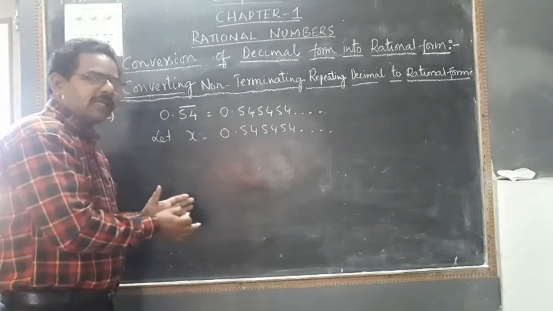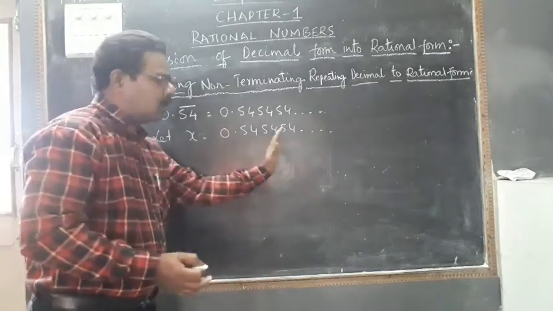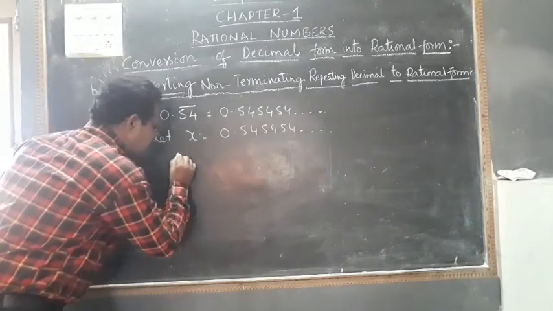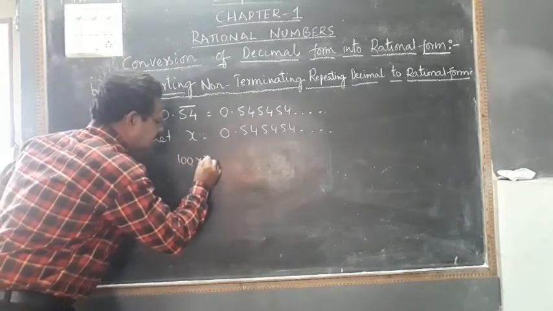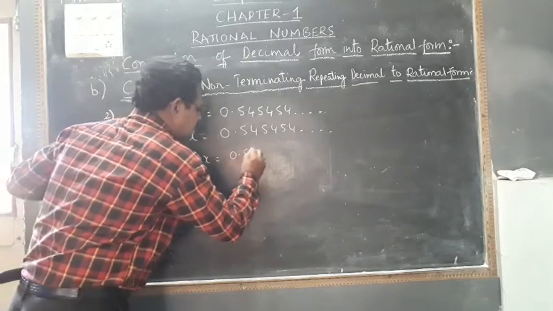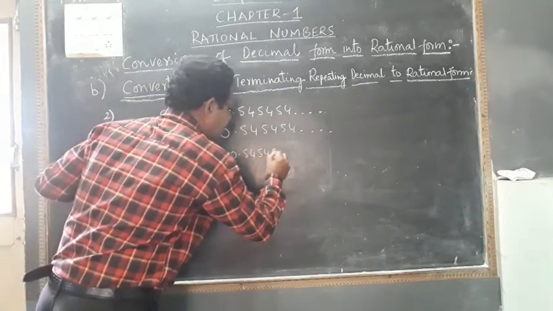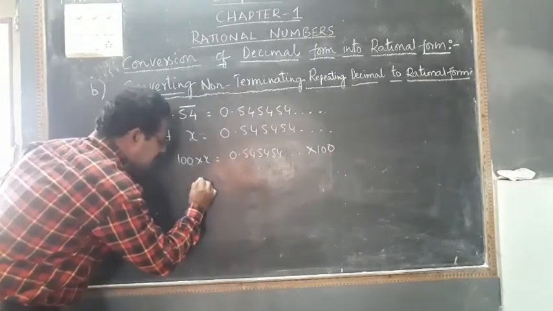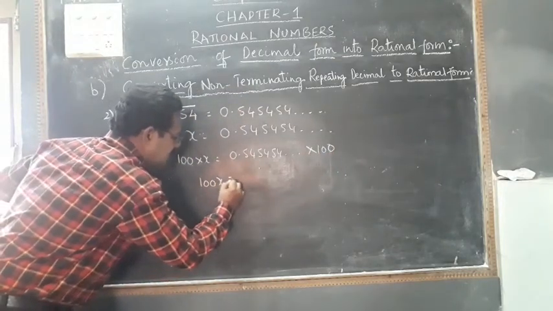For this directly we can say multiply the total equation with 100. So left hand side 100 into x is equal to 0.545454 up to so on into 100.